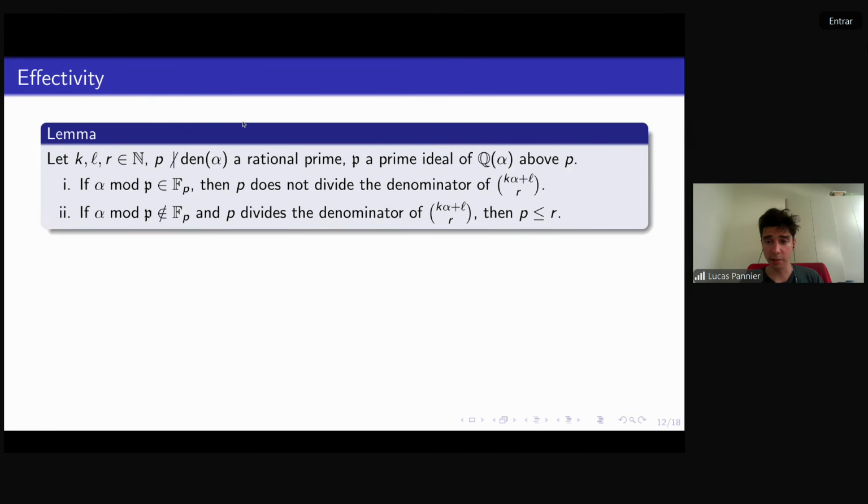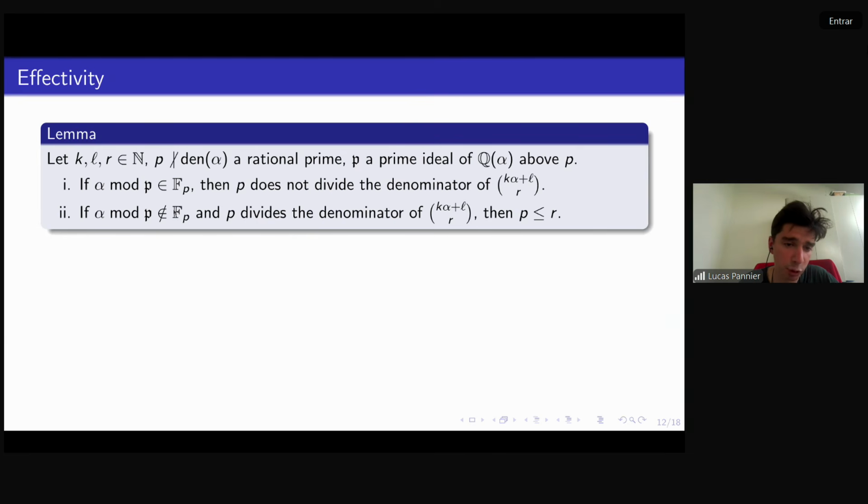We have this lemma that allows us to know the denominator of such a binomial coefficient, binomial of k alpha plus l choose r, where alpha is an algebraic number. So if we consider a prime p that does not divide alpha and a prime ideal above p, then if alpha mod P lies in F_p, p does not divide this denominator.